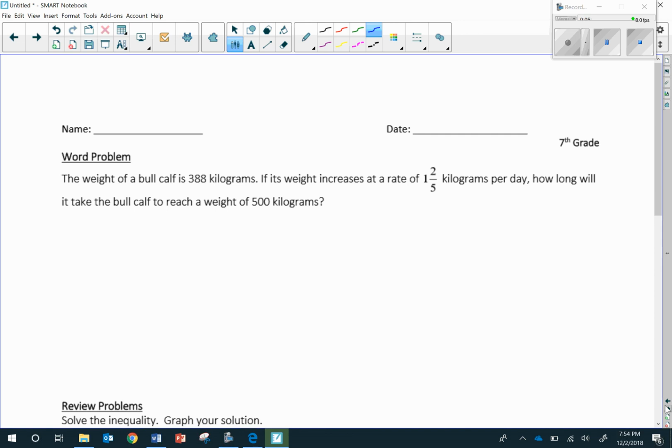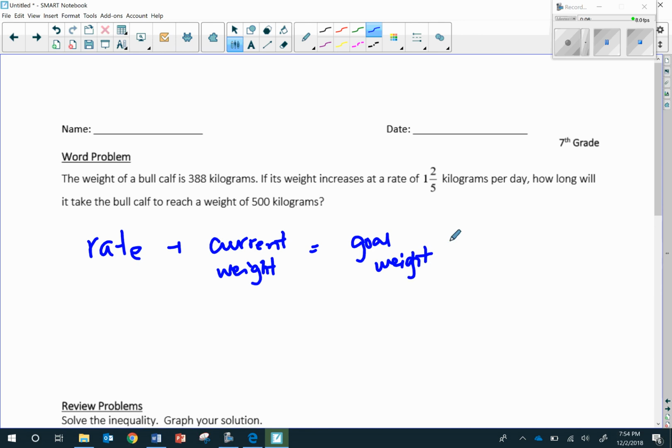Now, the way I'm going to set this up is I'm going to write the rate plus the current weight, and that added together equals my goal weight. So I'm going to look back to the problem to determine my rate. My rate is 1 2/5 per day. My current weight is 388 kilograms, and my goal weight is 500 kilograms.